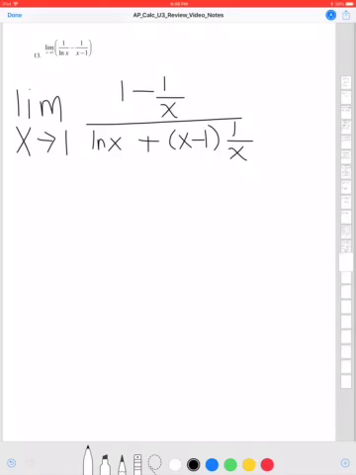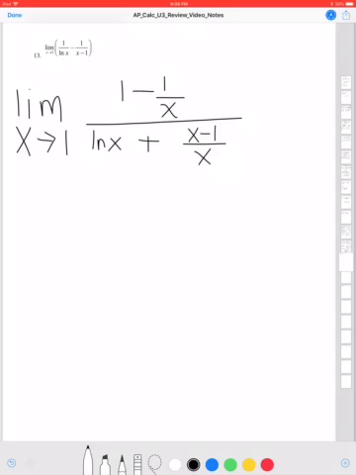Alright, can I plug in 1 yet? If I plug in 1 divided by, no, I'm still getting 0 over 0, so we need to manipulate this a little bit. So from here, it looks like it's probably just going to be some algebra. So let's see. Let me rewrite x minus 1 times 1 over x as x minus 1 over x.